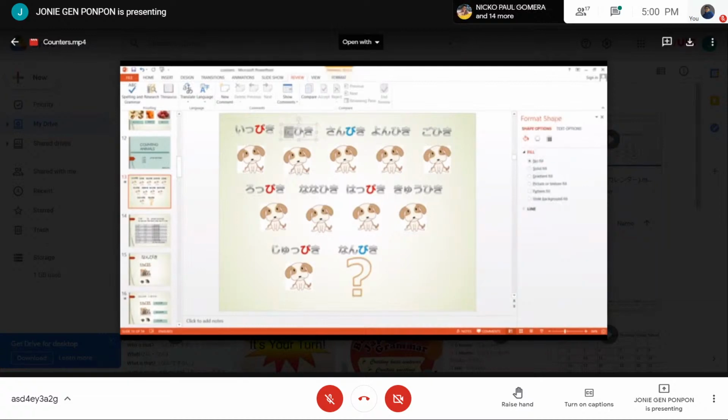Okay? So tatandaan lang, remember, if you are counting animals, you will use the suffix hiki. Not the tsu. So, exemption yung animals. You can't use the tsu there. Itsutsu desu.